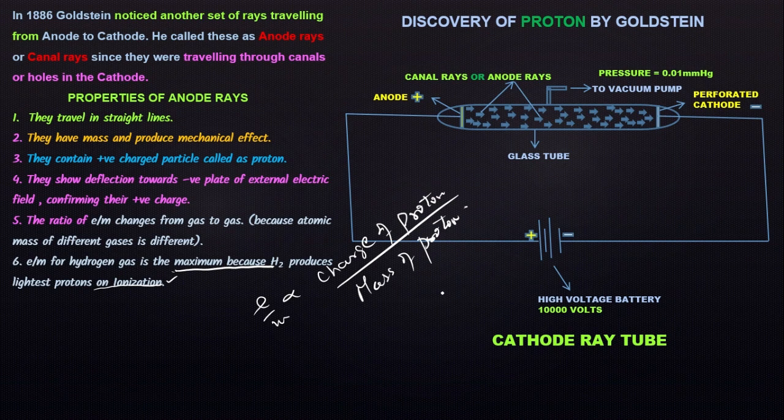Every time a proton is generated having different mass when we use different gases, but the lightest proton is produced by hydrogen gas. So that's why the e by m will have a maximum value in the case of hydrogen gas. As the mass increases, the e by m value will decrease.